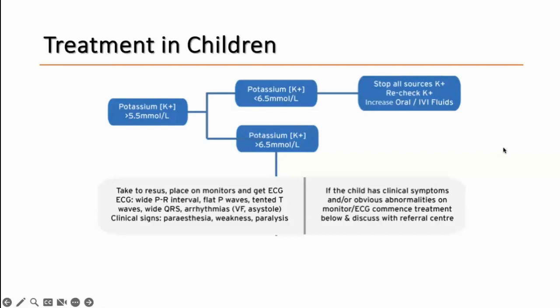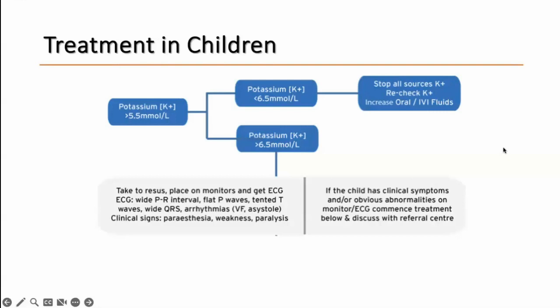And 2, discontinue your precipitants. Then you're going to be looking at how high this potassium is. Like we've said about the grading, more than 6.5 is very severe. You need to be taking to resus, placing on monitors, and you need that ECG.